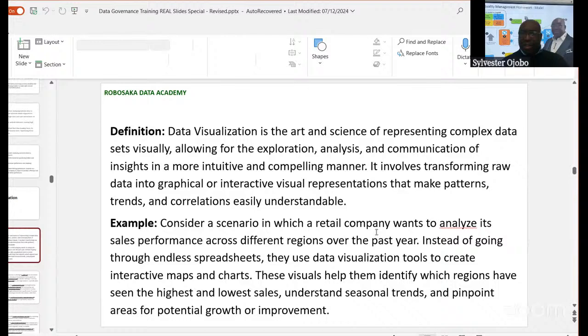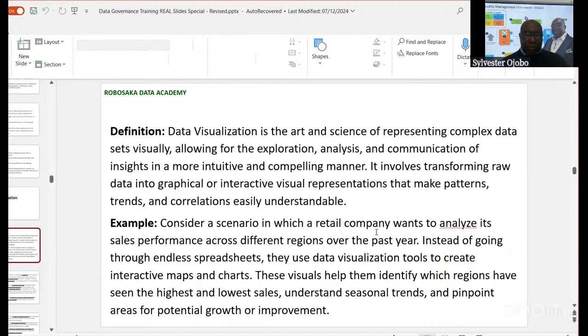Consider a scenario in which a retail company wants to analyze its sales. They now employ Nicholas to analyze the sales performance across different regions. It could be in UK, Germany, US, Japan, then the capital of Africa, Nigeria, over the past year.